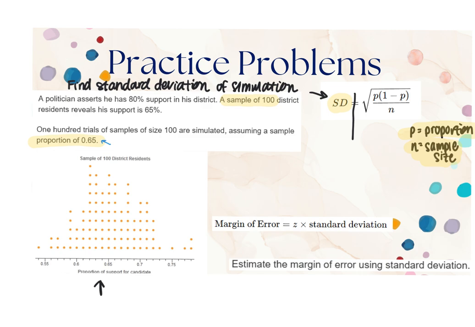I'm going to plug this 0.65 in for my P and the 100 for my N. So I get standard deviation is equal to the square root of 0.65 times 1 minus 0.65 divided by 100. I'm going to plug that into my calculator, and when I do that, I get my standard deviation is approximately 0.0477.